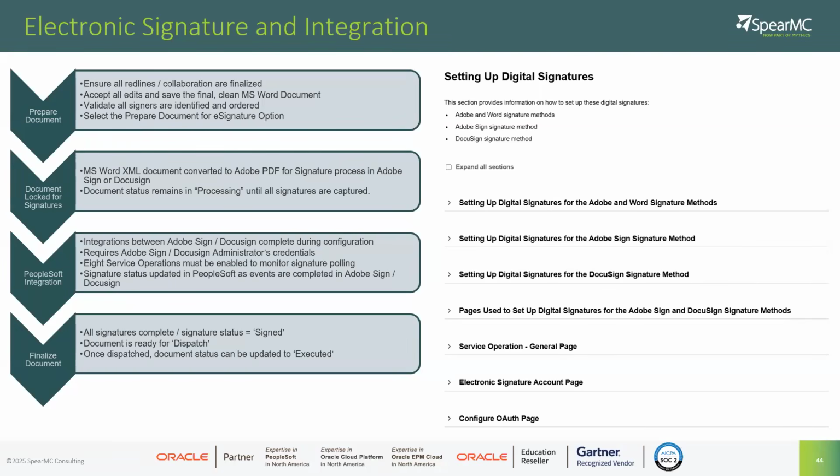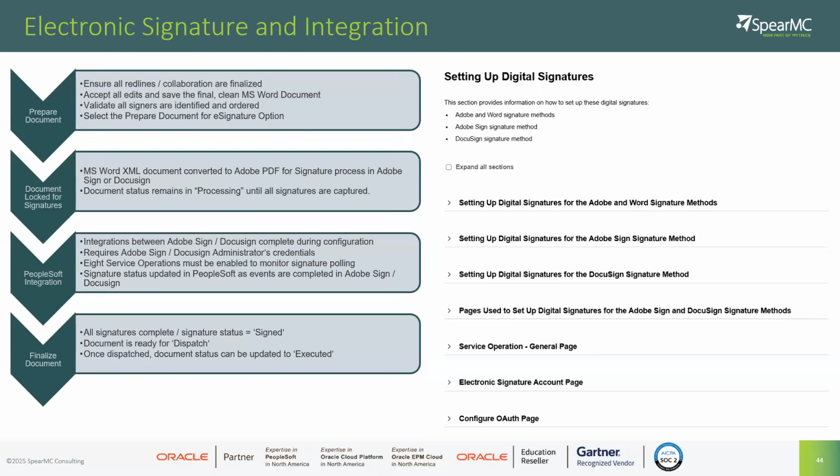I'd click it. PeopleSoft converts that Microsoft XML document into a signable Adobe document, either DocuSign or Adobe Sign. It creates a signable Adobe. You can't make changes to it. You can only now start the signature process, and it tracks every step along the way.